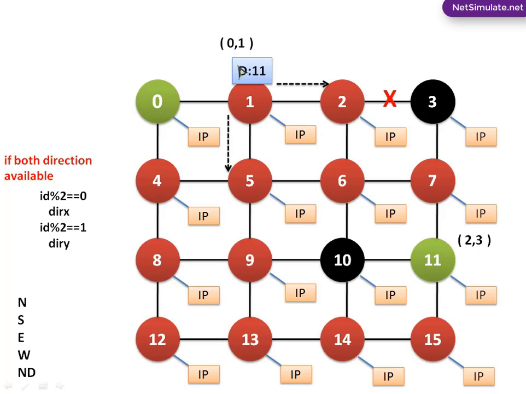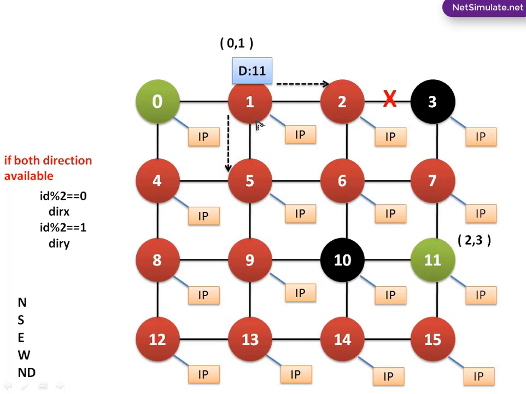Now this node will compare its xy coordinate with xy coordinate of destination, and similar case, and this node also will be having two options, either x, either in y direction.